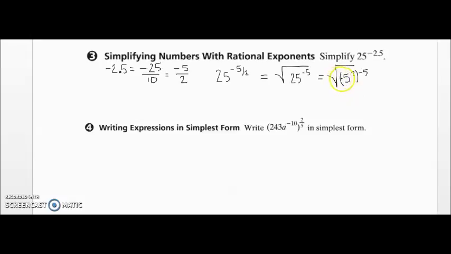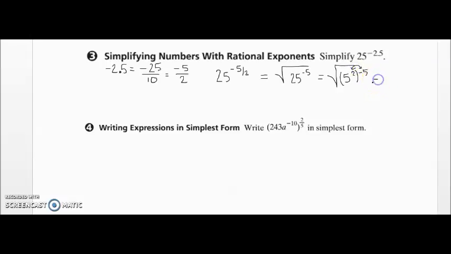Usually what we did before was I would have put this 5 in parentheses and put the 2 up there. That's what I'm looking for. I want a 2 on the outside of here. So 2 times negative 5 is the same as negative 5 times 2, so I'm just going to switch these things around.